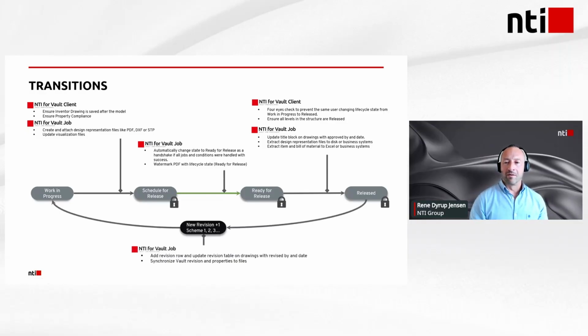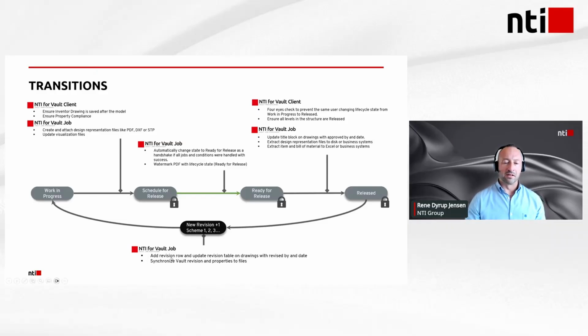But when you change the state from released back to work in progress, we also want a few things to happen. You might want to have your revision table handled, so an additional row will be added to the revision table. It might also be that you want to add information on who actually performed the revision and the date of the revision.